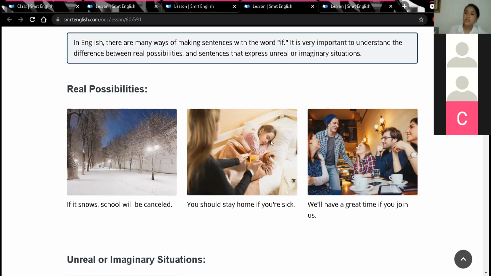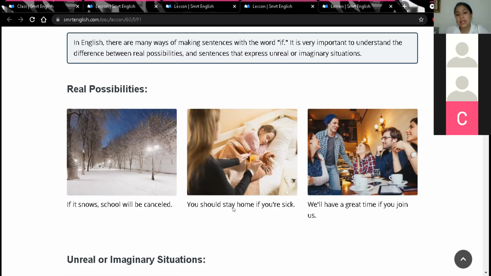Very good. So as you can see here, we can use this type of sentences starting with the if clause, or starting with the other clause. It is divided like this. We have 2 clauses, the if clause and the other clause, right? In this one we're starting with if, and when we use if, we're gonna use the present tense. If it snows, and then in the other clause, will be canceled.